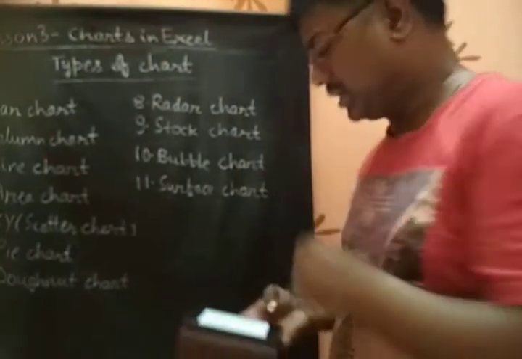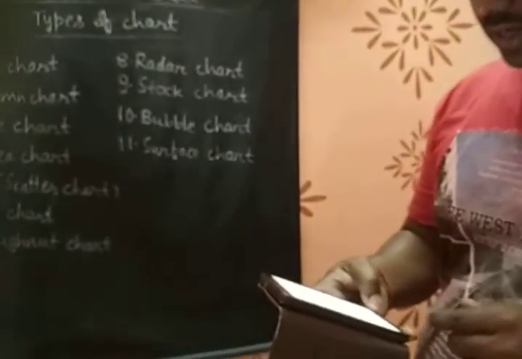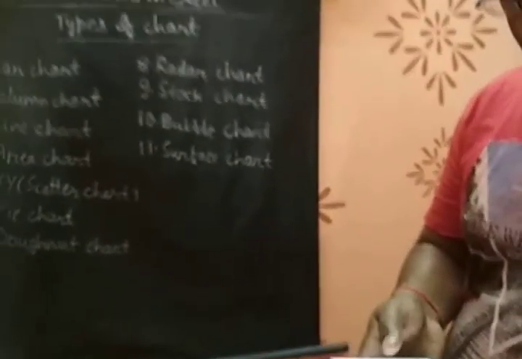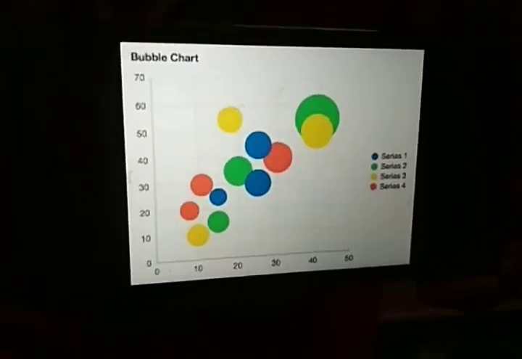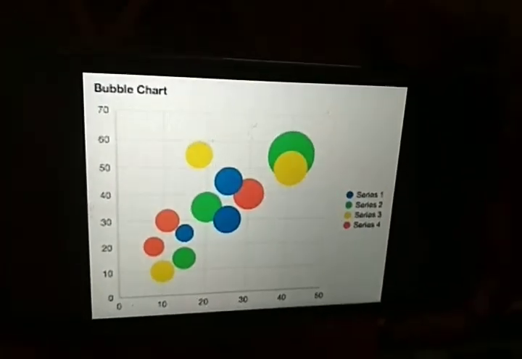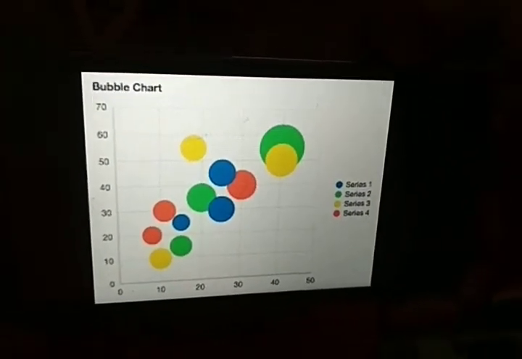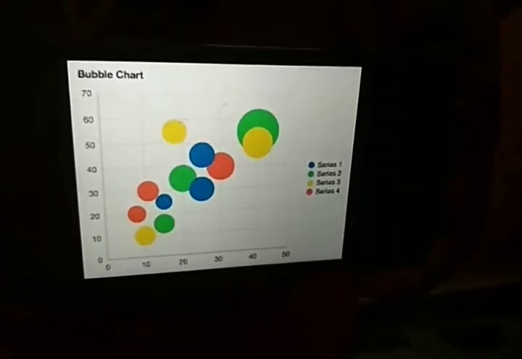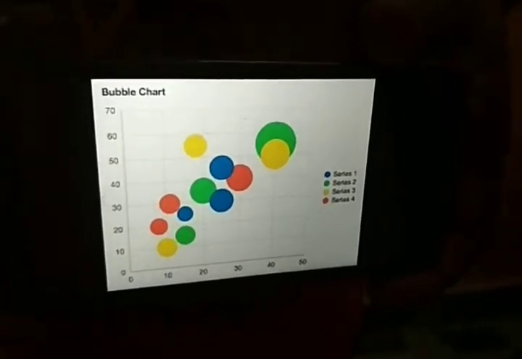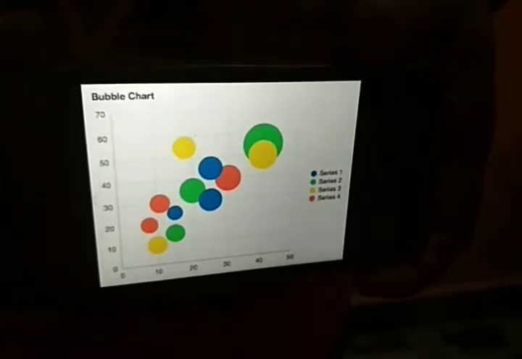नेक्स्ट इज बबल चार्ट. तो बबल चार्ट देखेंगे हम लोग अब. तो दिस इज द डायग्राम ऑफ बबल चार्ट. तो बबल चार्ट इज ए स्पेशल टाइप ऑफ चार्ट which has 3 dimensions. 2 dimensions are represented by the x-axis and y-axis, and the third dimension is represented by the size of the bubble.